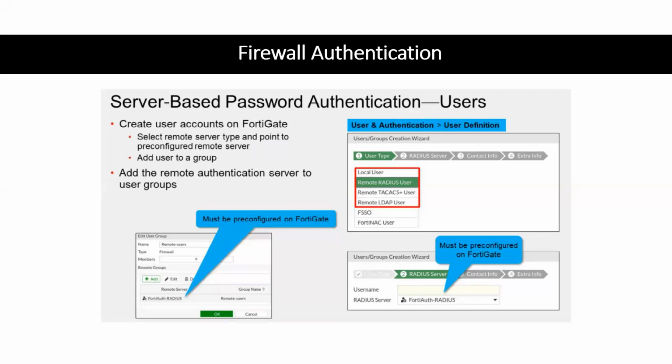And so just to touch on everything, you'll create user accounts on the FortiGate, but that user account is not going to be the actual user account. It'll be a group that you're referencing. On the remote authentication server, you'll add users to those groups and they'll authenticate. No user accounts and passwords will be configured on the FortiGate when using this method, okay?